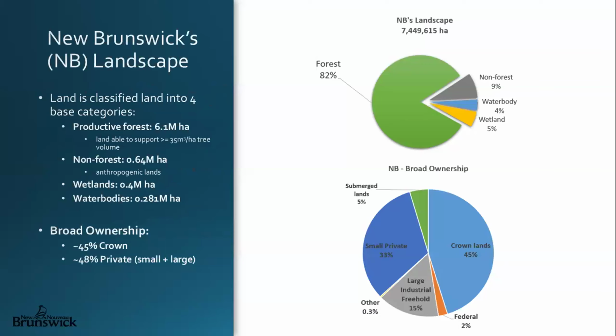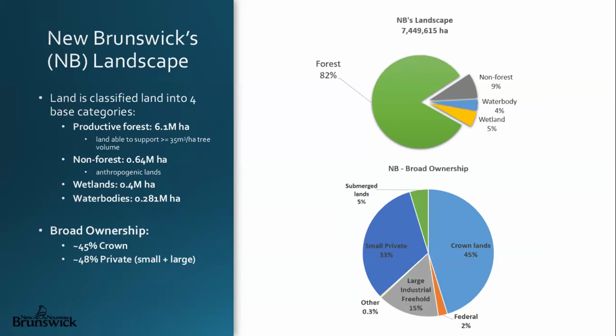For New Brunswick, I'm going to give a quick overview of just some recent new developments that we've been dealing with for forest inventory. For those not familiar with New Brunswick, we're predominantly a forested area. We're about 82% forested. We also have a fair bit of mixed ownership.